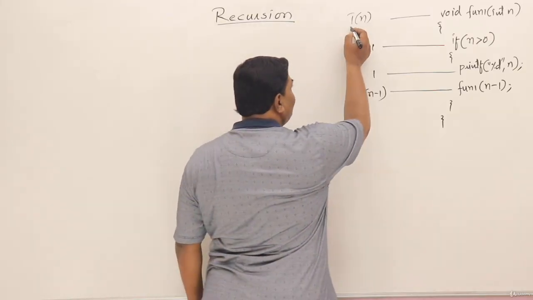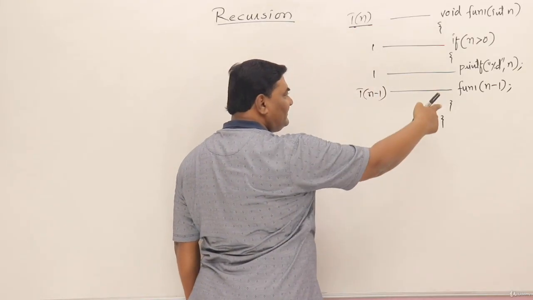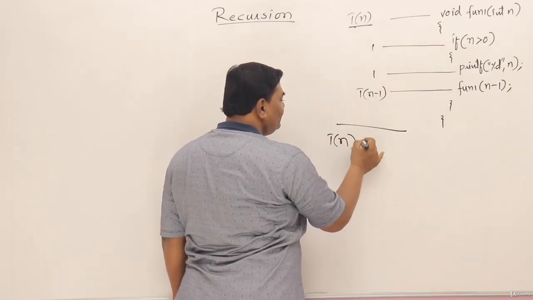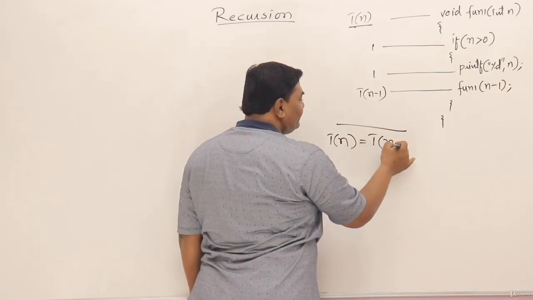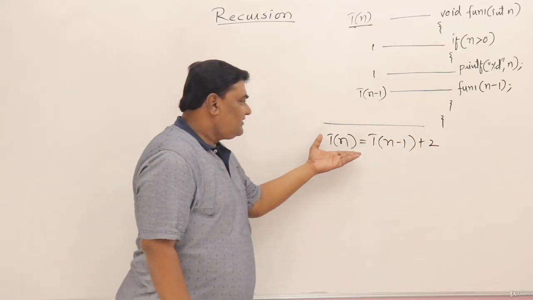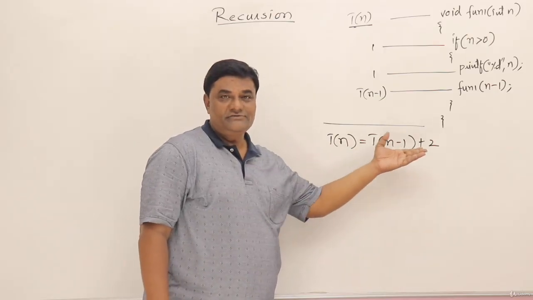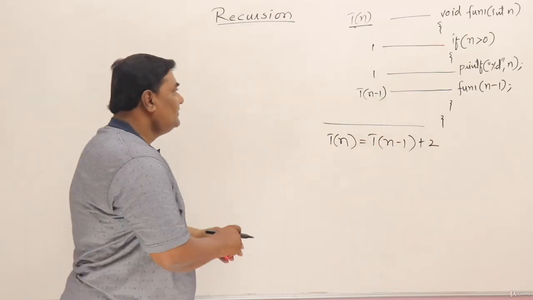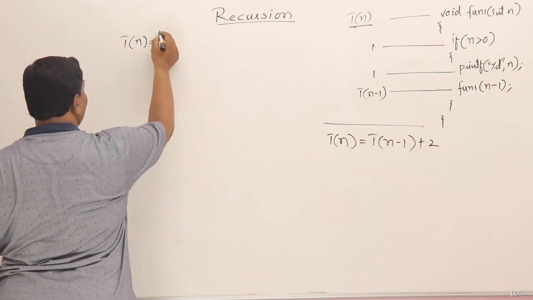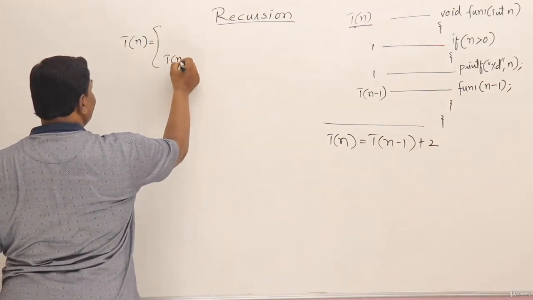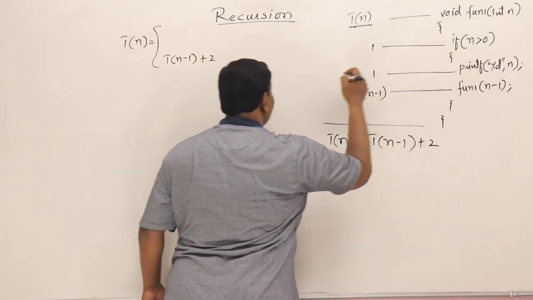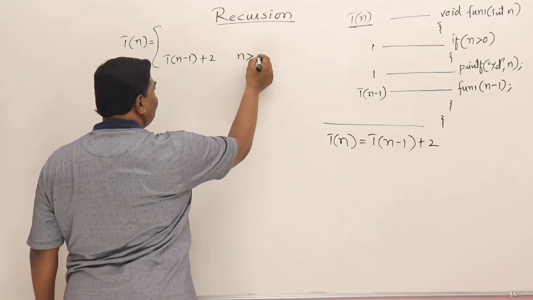Then what is this total T(n)? I said the sum of all the times taken by the statements. So let's take the sum. So T(n) is equal to T(n-1), the bigger term I am writing first, plus 2. So the recurrence relation is T(n) = T(n-1) + 2 when n is greater than 0.